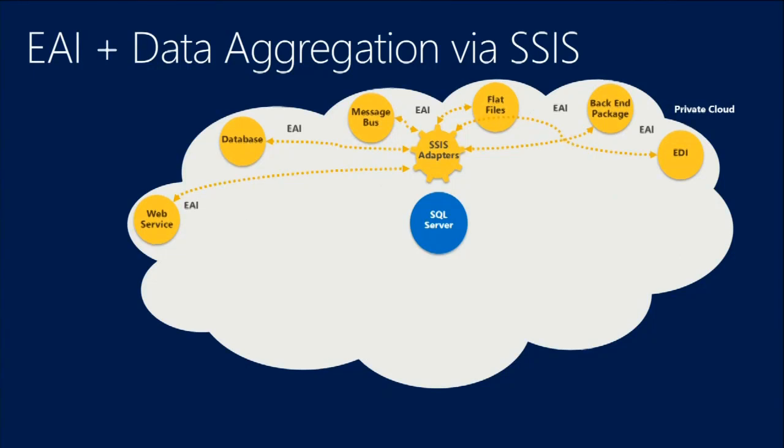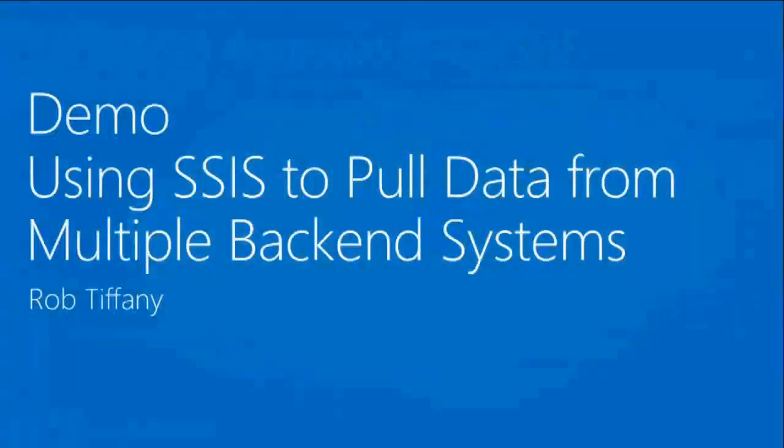Now you can upload your own VMs, or use the gallery to create virtual machines of Windows servers, SQL servers, and AD yourself. So this could be that place as well. All I'm showing here is SQL servers where we're going to aggregate data together, and we're going to use the SSIS adapters to connect to all these types of back-end systems to pull the data down. So that's the visual representation.